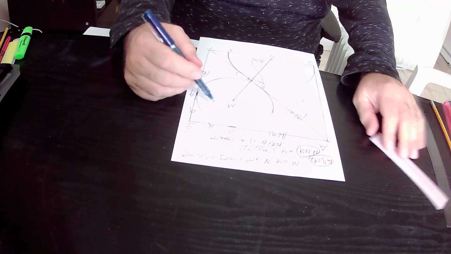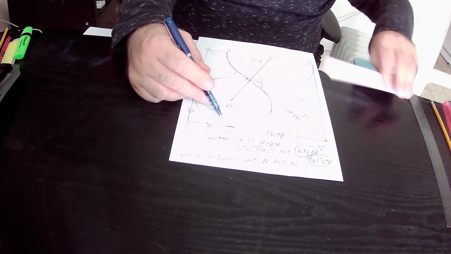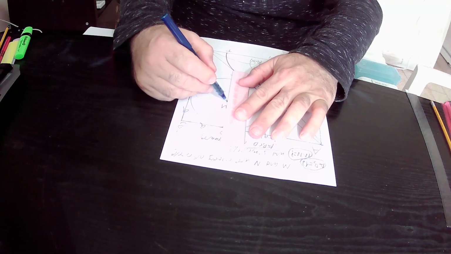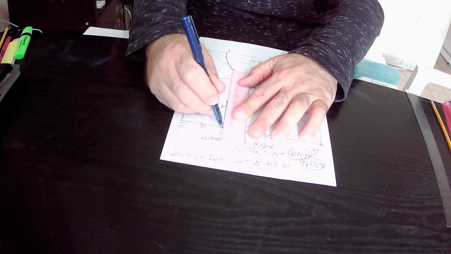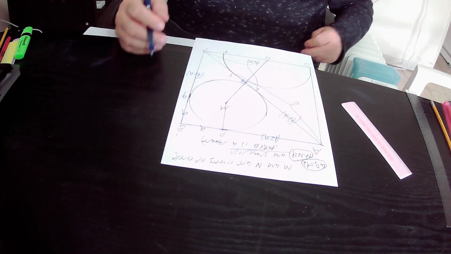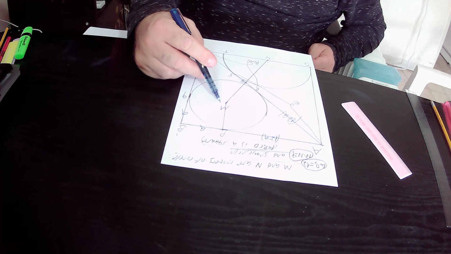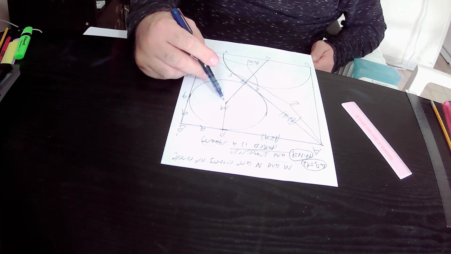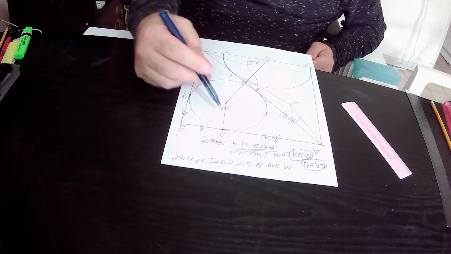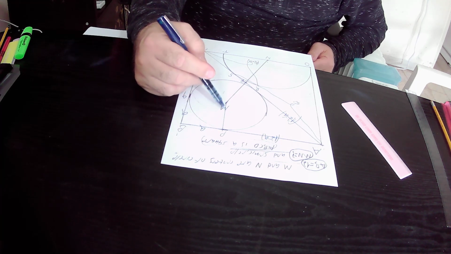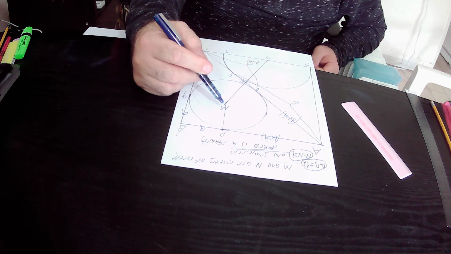Here we will join points P and M together by a straight line. Line segment PM is the radius of this circle because it starts from the center of this circle, that is to say from point M, and ends at point P, that is the point on this circle itself. Therefore, PM is the radius of this circle.